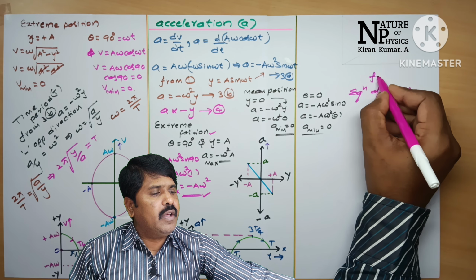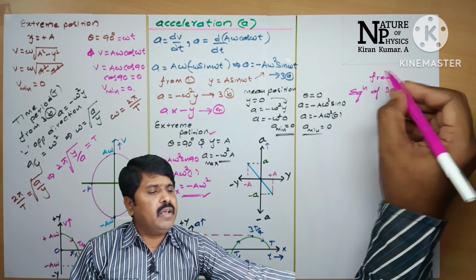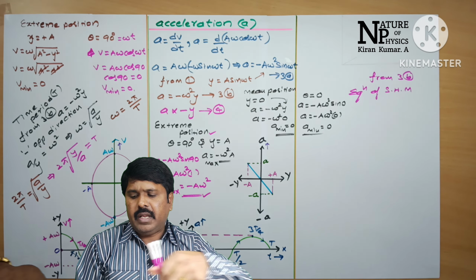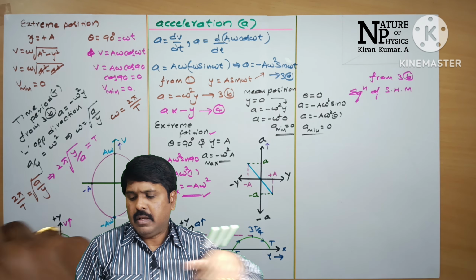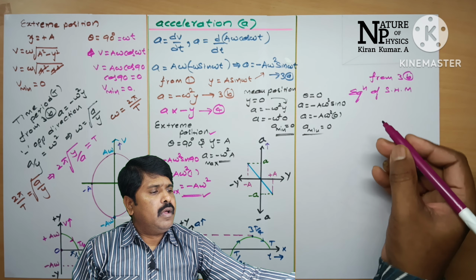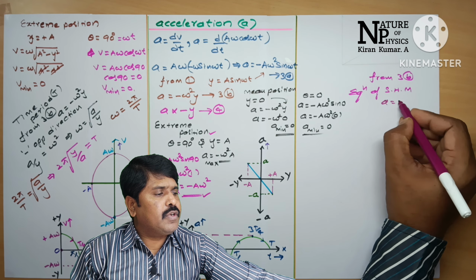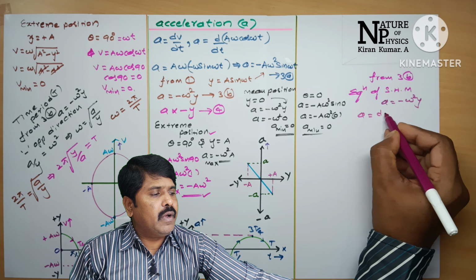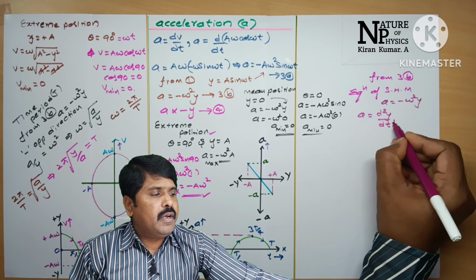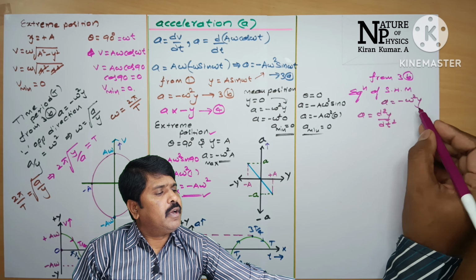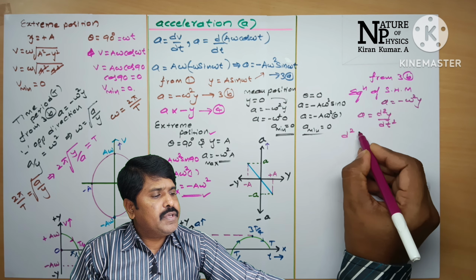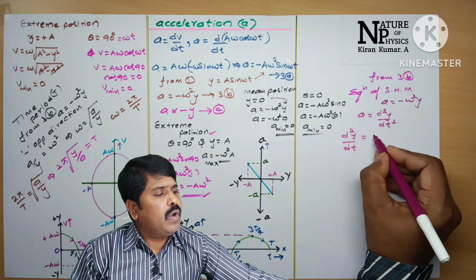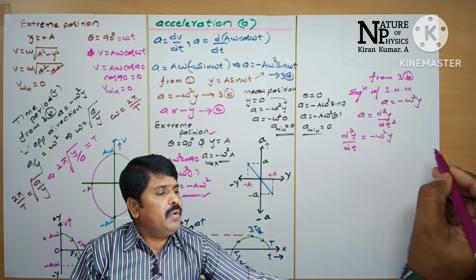Here also I am using the same equation, that is 3b. A is equal to minus omega square into y, but a is equal to d square y by dt square. Replacing there, we get d square y by dt square is equal to minus omega square into y.